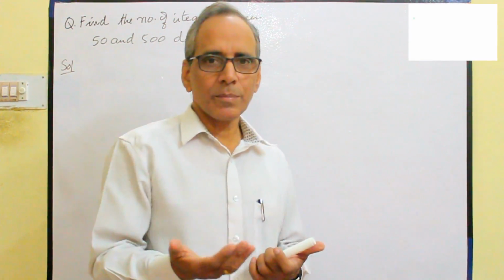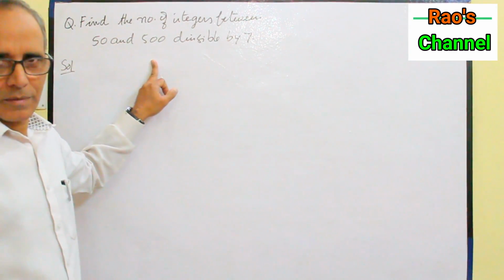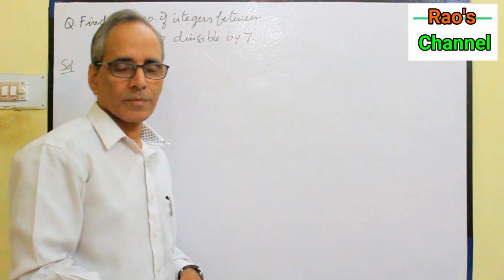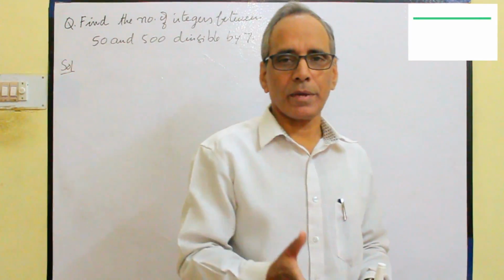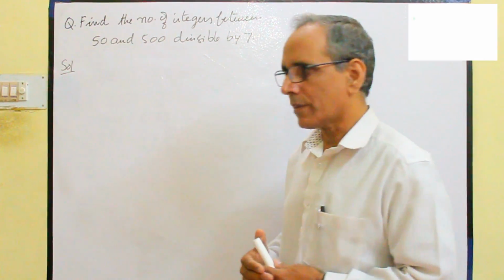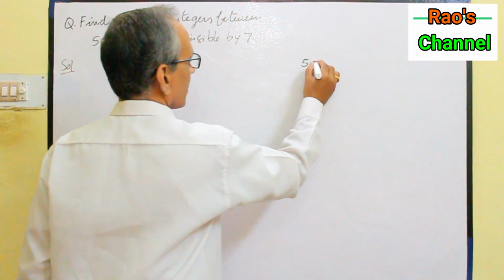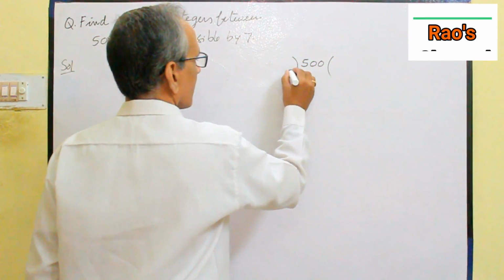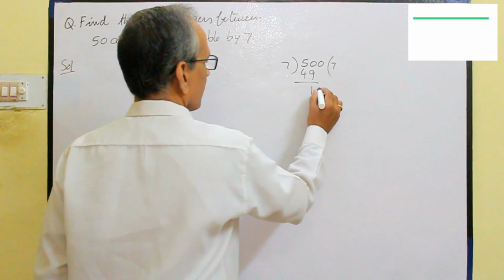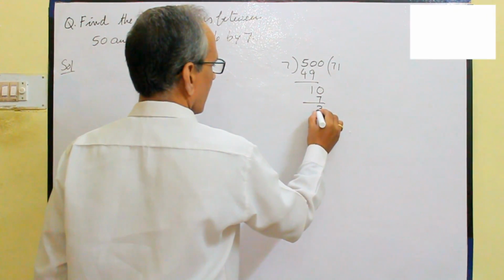What is the first multiple in between 50 and 500? We know the 7th 8s are 56, so 56 is the first multiple. That is the first term in the AP. What is the last multiple? We have the range. Divide 500 by 7. 7 7s are 49. 7 1s are 7. 3 remainder.